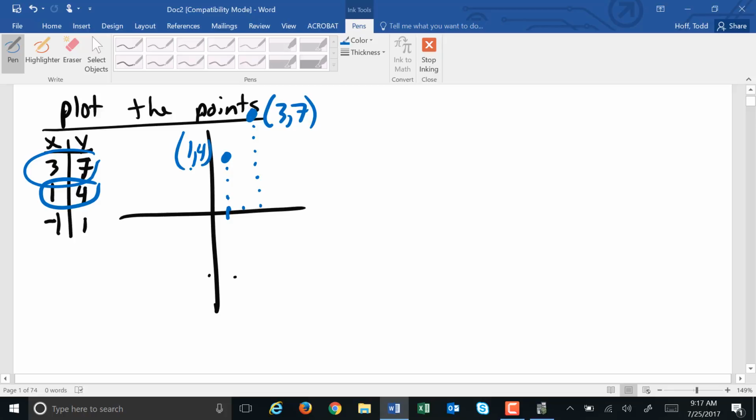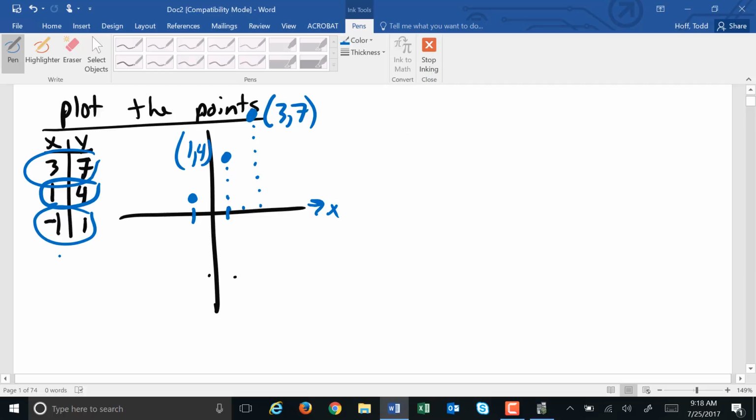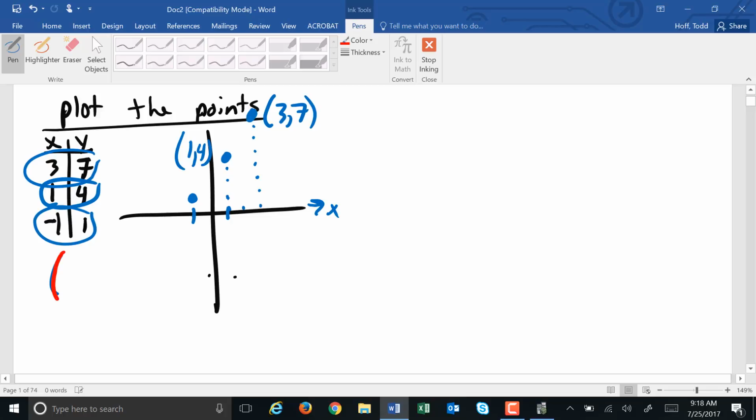Because that first coordinate in that point is the x coordinate, or the horizontal. That comes first. Plotting -1, 1: you go to -1 and up 1, there's your point. Or if I give you ordered pairs and tell you to plot them, if I tell you to plot 5, 2, well, I go 1, 2, 3, 4, 5, 1, 2, and there's my point.